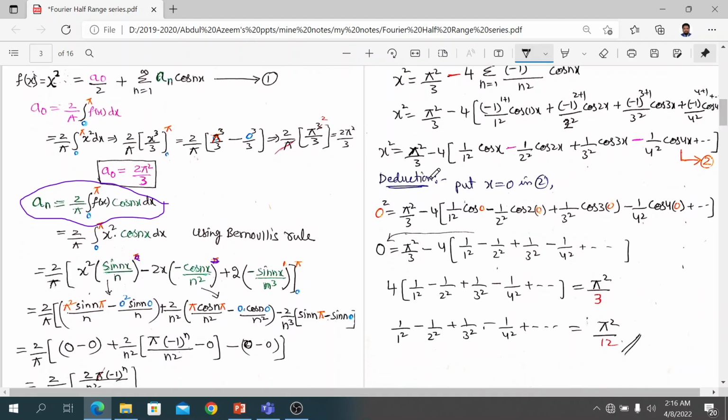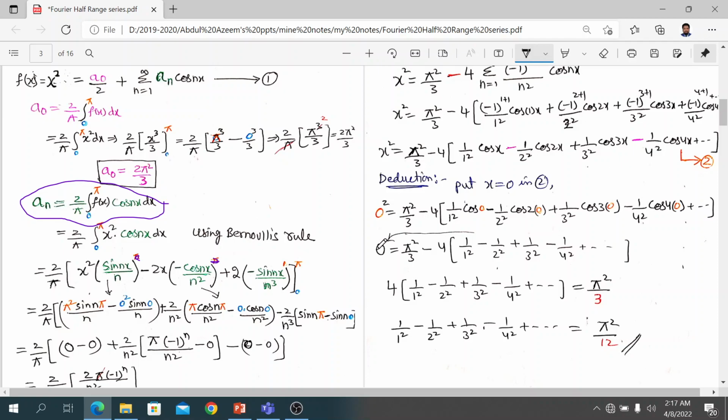Now for the deduction part, wherever x is there, put x is equal to 0. Here 0 square is equal to pi square by 3 minus 4 [1 by 1 square cos 0, cos 2 into 0, 3 into 0, 4 into 0].